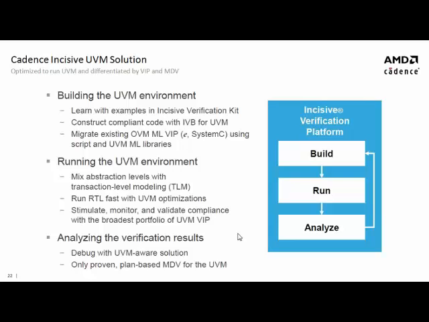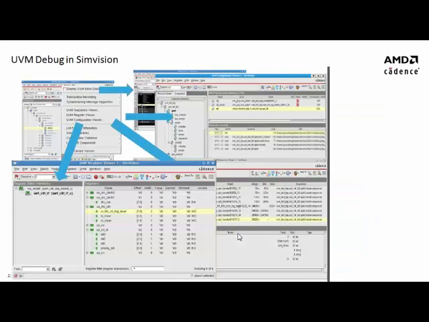They also provide debug. Cadence acquired SimVision recently, and that can be used for not only debugging waves now, but also your UVM. You have a good view of all the UVM registers. You've got all the UVM variables, etc., to allow you to do improved debug of the UVM environment.